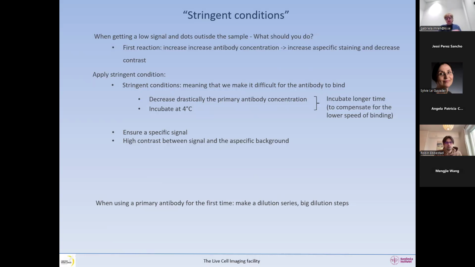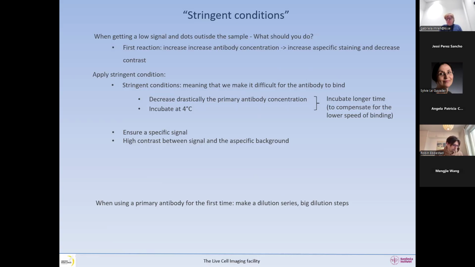The first reaction is to increase the antibody concentration, because we think that, oh, we will get a better signal. But actually, this approach will backfire quite a lot, because with this we also increase the unspecific staining, and we will decrease the contrast.